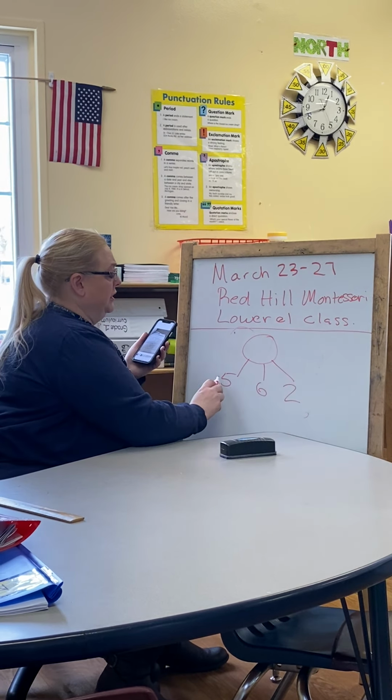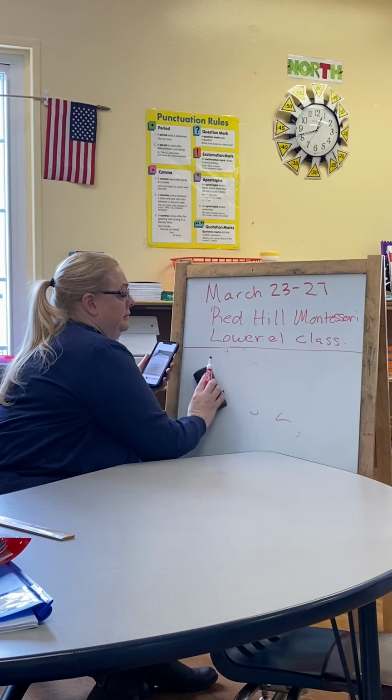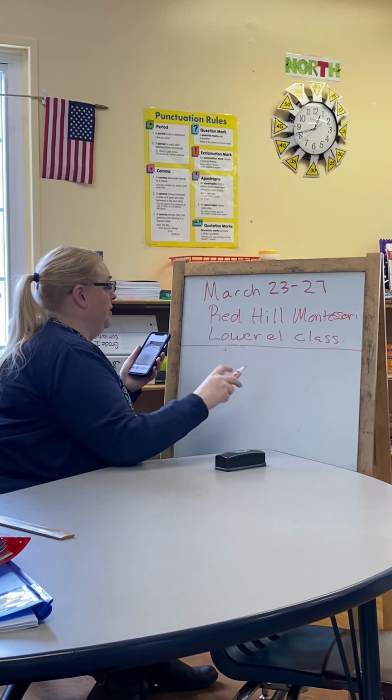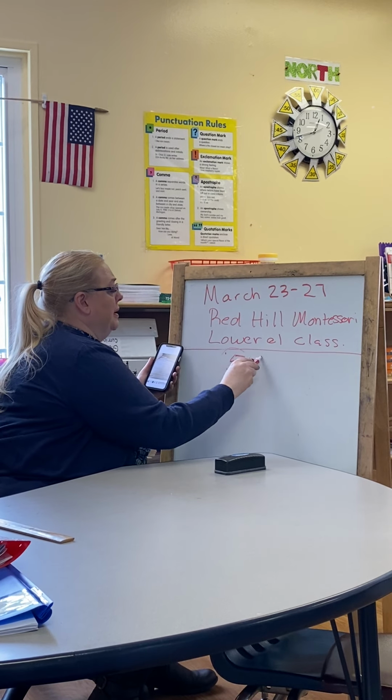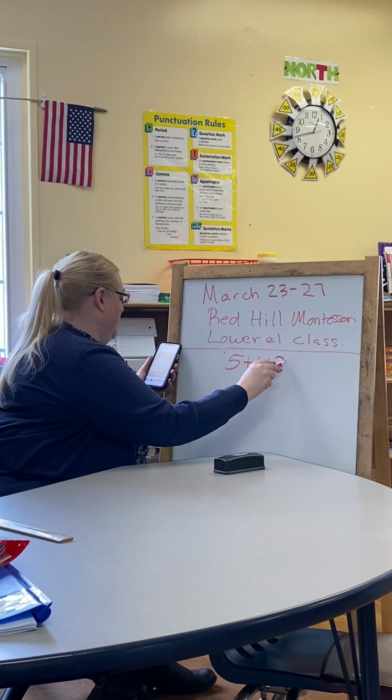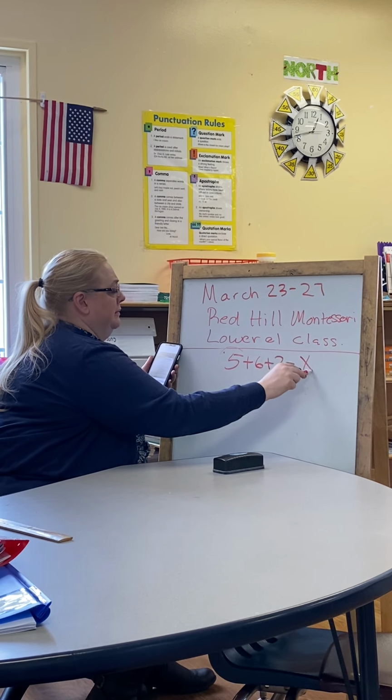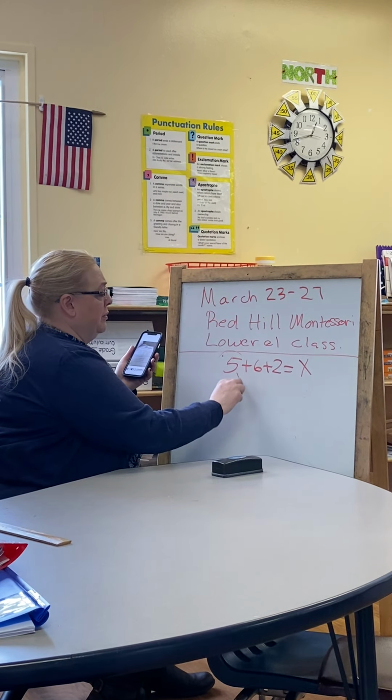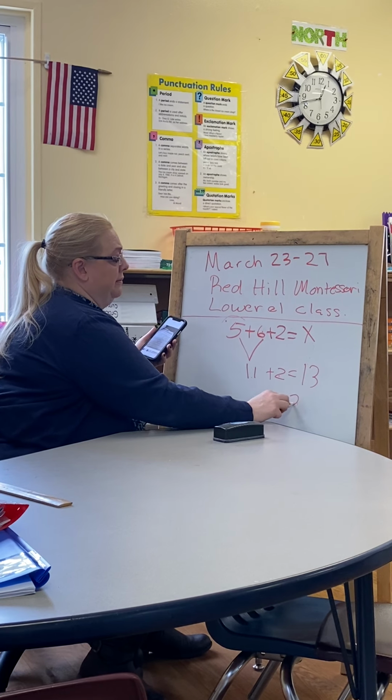Or you can write a number sentence, which we could do. 5 plus 6 plus 2 equals X, right? If we group 5 and 6 together, we know that 5 plus 6 is 11. Bring down our plus 2. We know that 11 plus 2 is 13. So X equals 13.